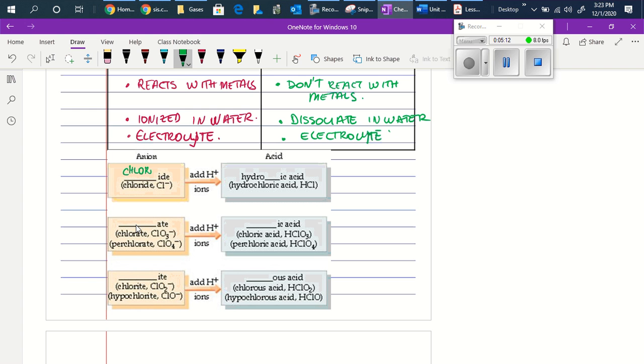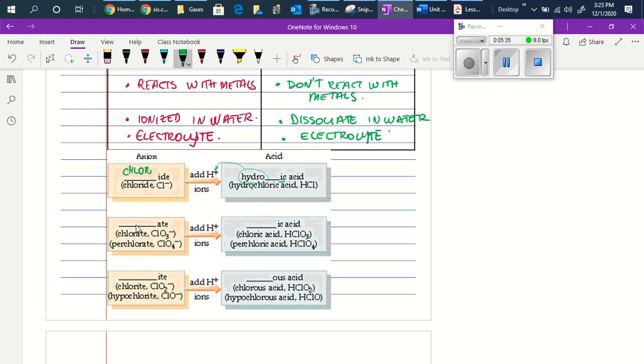So the name of the acid will be hydro, to identify that you are dealing with the positive hydrogen ion, and then the root of the anion, adding IC: hydrochloric acid.